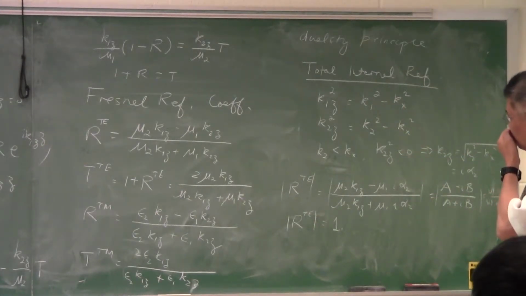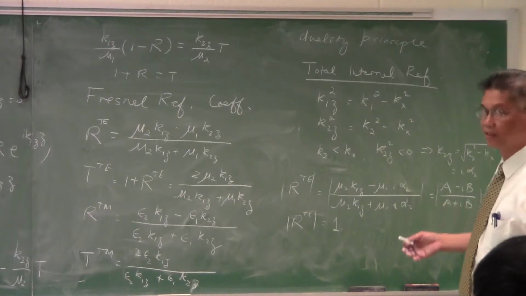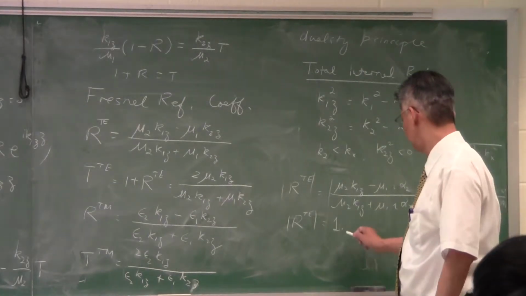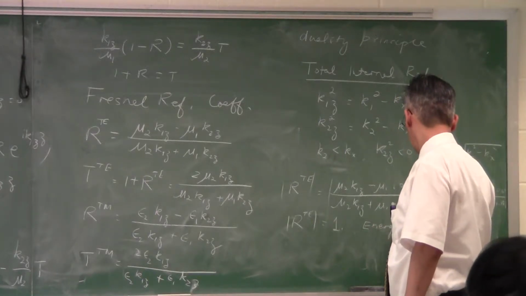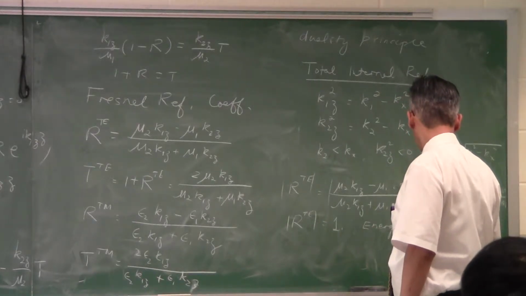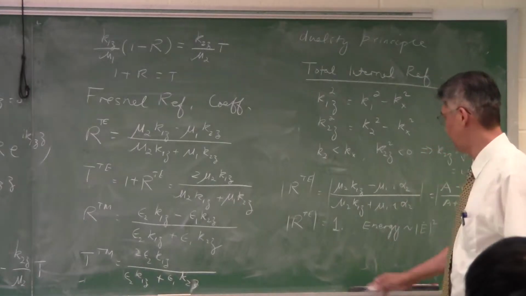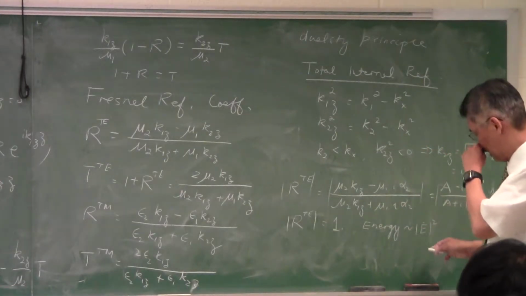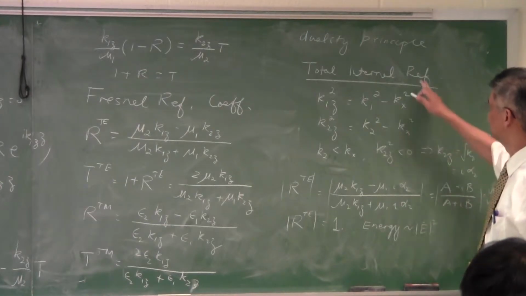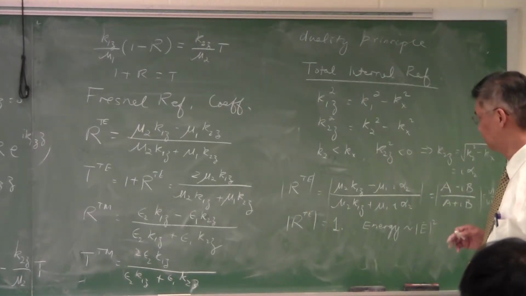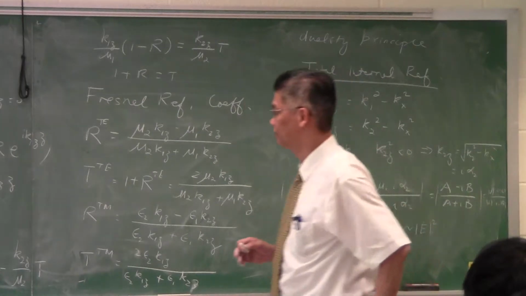This means that the energy is totally reflected, because energy is proportional to field squared. So if the reflection coefficient is 1, the energy would also be totally reflected, and this is known as the phenomenon of total internal reflection.